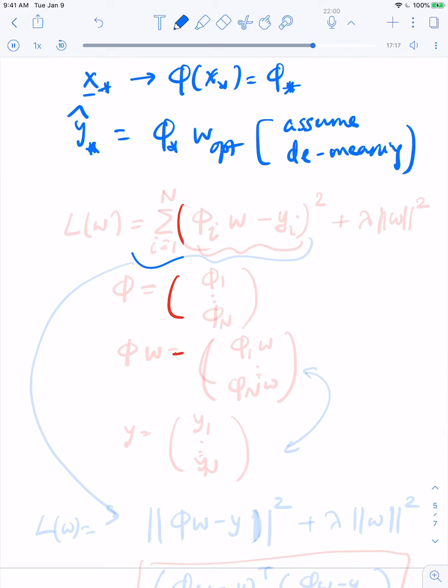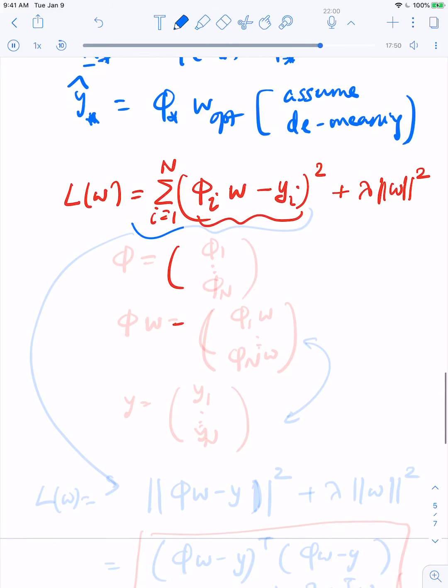So remember that your loss function after d-meaning, after you've taken care of the bias term, was the sum over i equals 1 to n of (phi i times W minus yi) squared, plus lambda times the L2 norm of W squared, right? That's what it was. I have flipped the sign around for this term, but it doesn't matter because I'm squaring it.